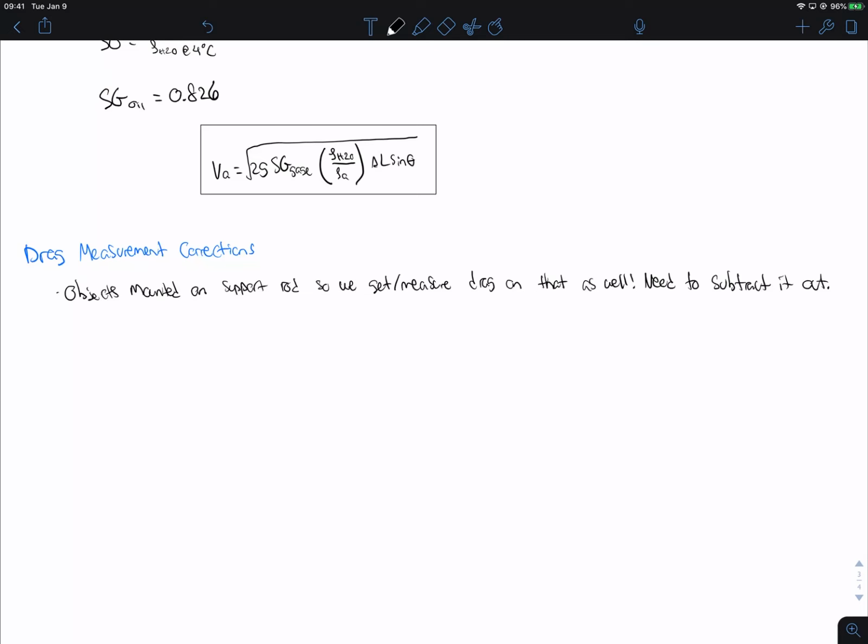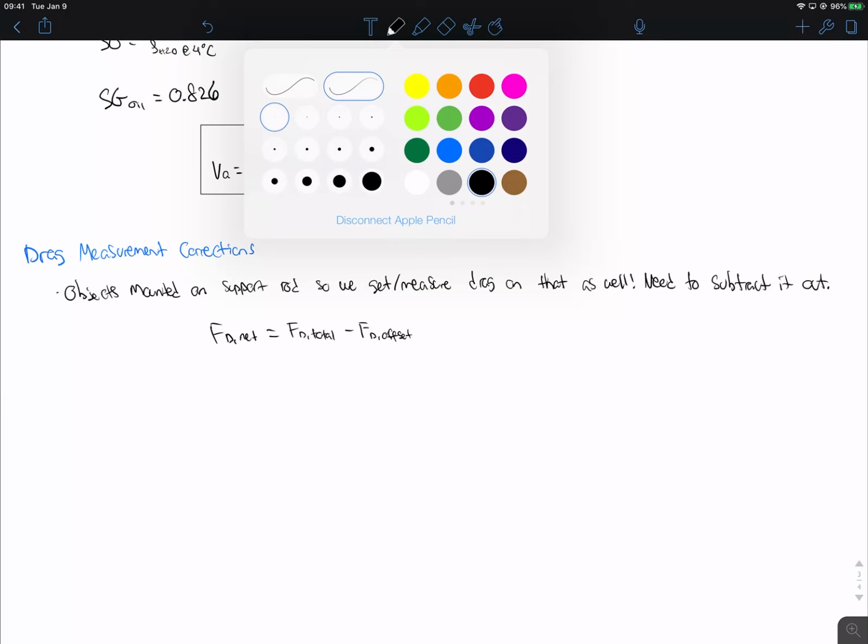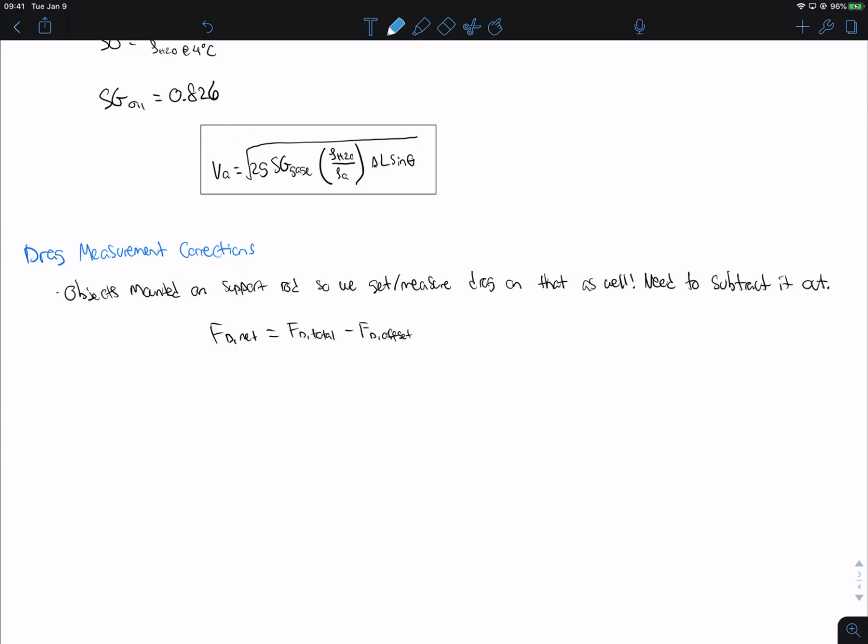Okay, so to do this, we're going to have this equation where the net drag force is equal to the total drag force minus the offset drag force. The net drag force is the drag on our body of interest.